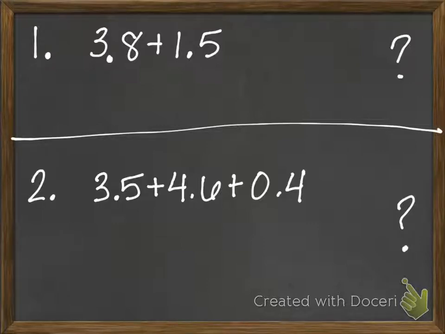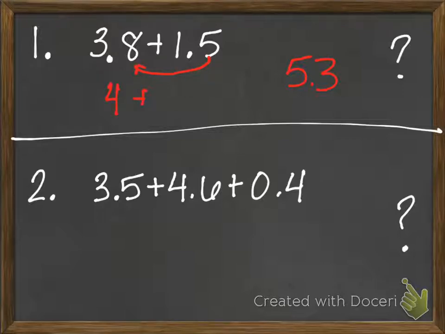For the first one, the answer is 5.3, and to get that, I borrowed from the 0.5 and I added 2 over here to make this a whole number of 4.